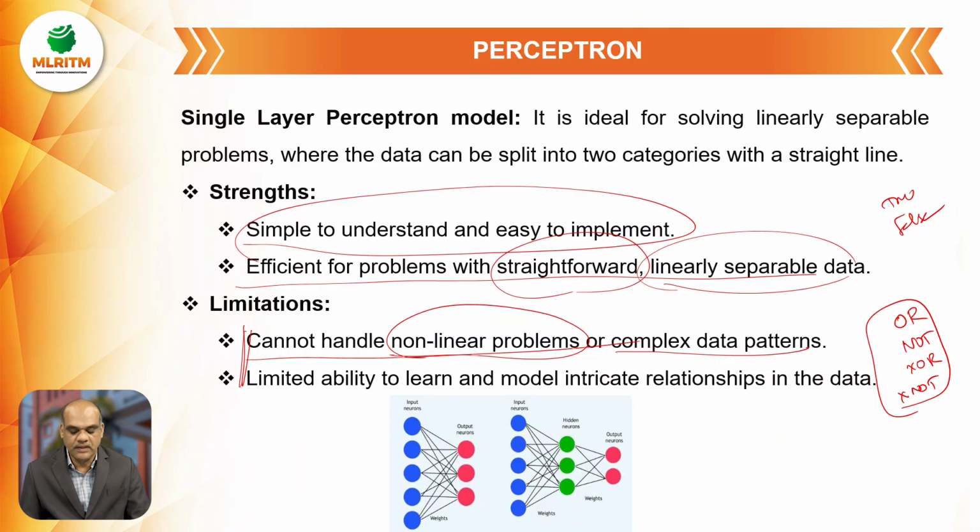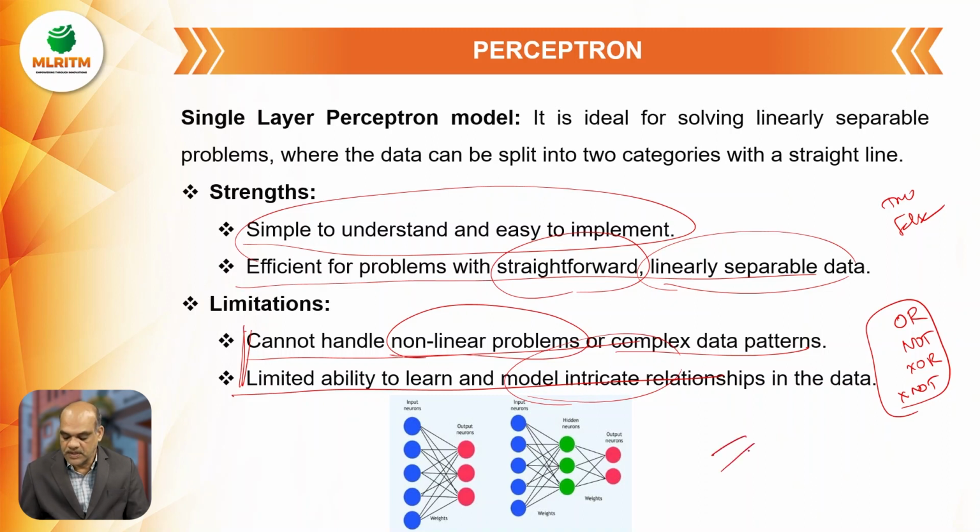When the input data has complex patterns, in that case also, the single layer perceptron cannot handle this kind of data because it has limited ability to learn the relationships within that data.